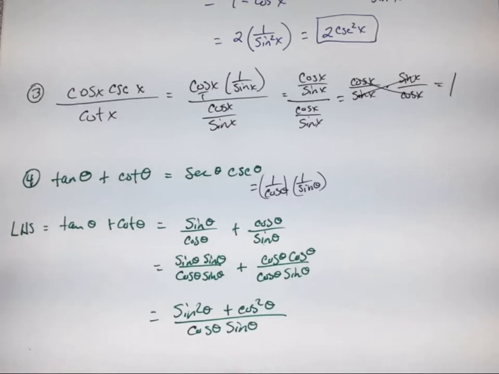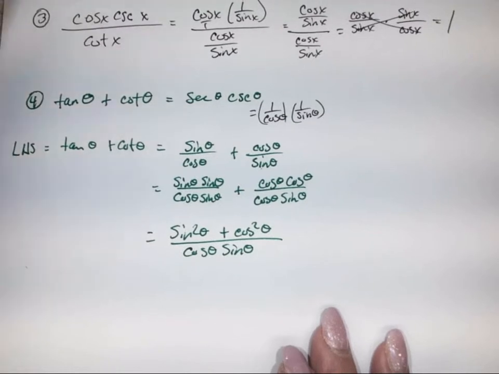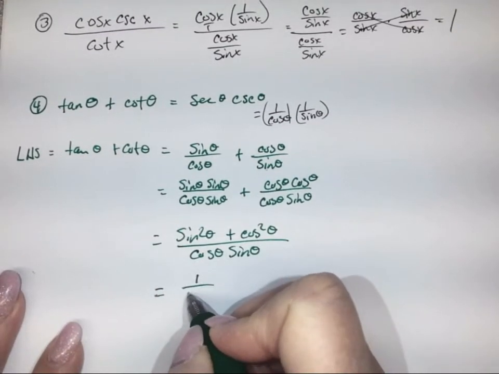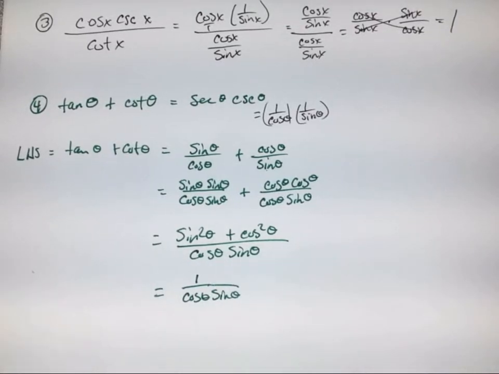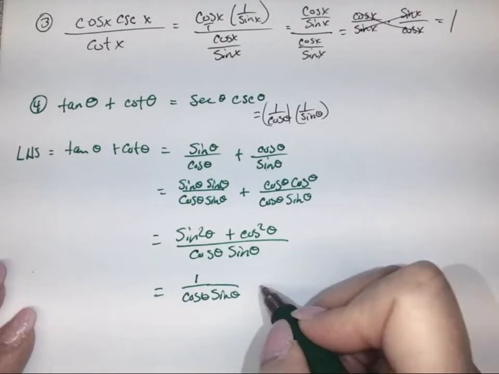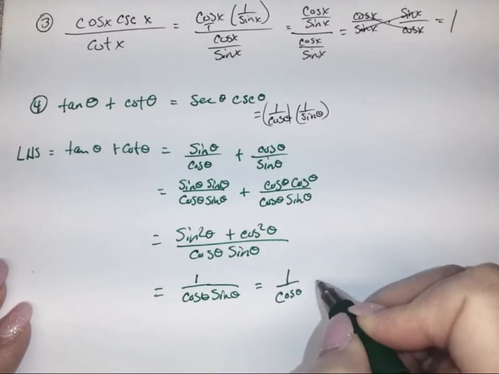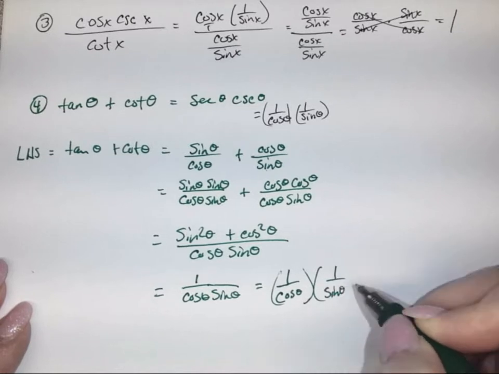Well, sine squared plus cosine squared, we know through the Pythagorean identities that that is equal to 1. So I have 1 over cosine theta sine theta, and I'm going to split the fraction and get 1 over cosine theta times 1 over sine theta.